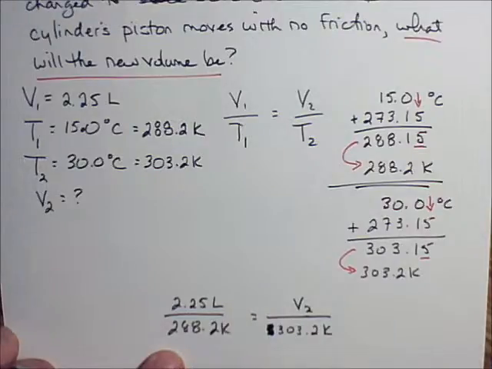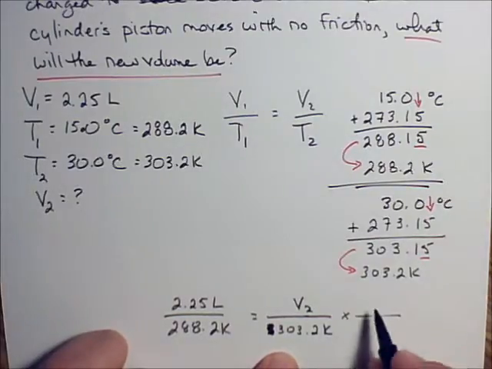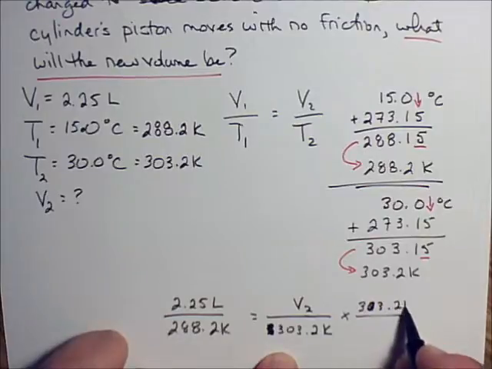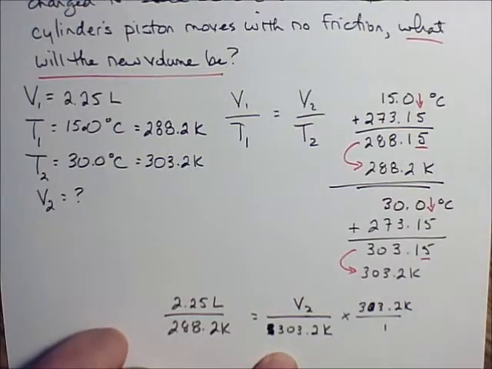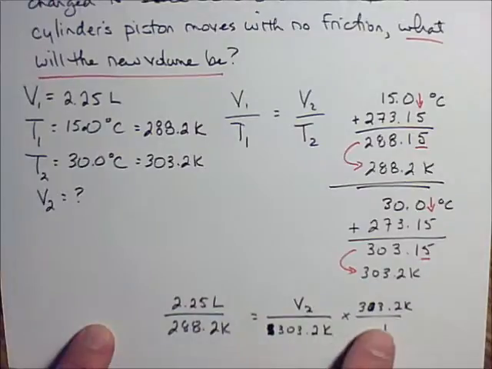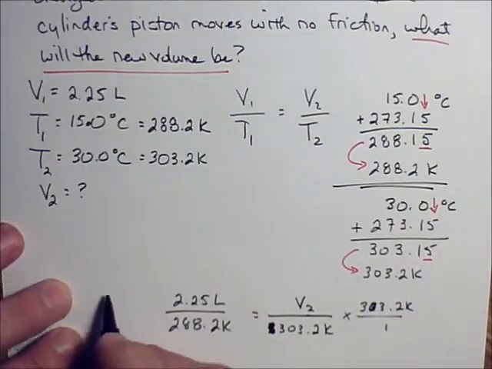Well, we're not going to divide here. We're actually going to multiply. The way we get V2 by itself is to multiply over here by 303.2 K. Now, one of those three things I told you at the beginning you need to try to remember is that whatever you do to one side of the equation, you must do to the other. So if I multiply by this over here, I've also got to do that over here.